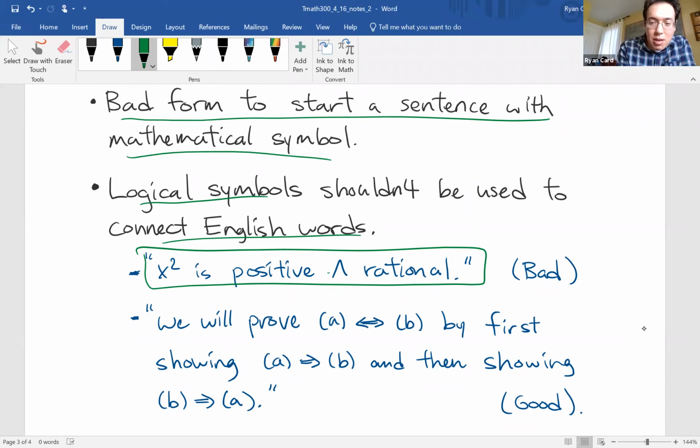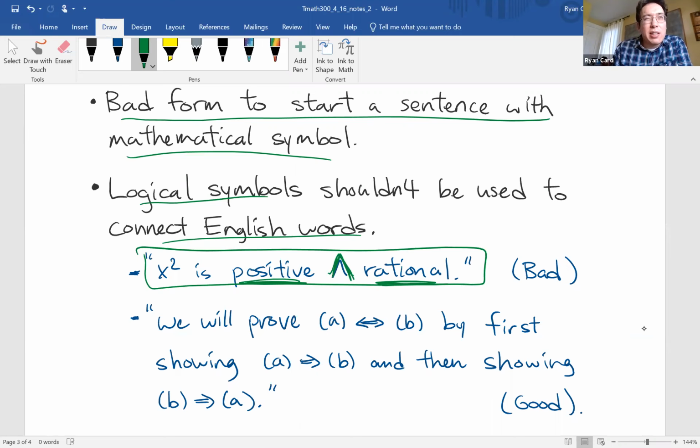Remember, logical and looks like that wedge symbol. So if you want to write down "x squared is positive and rational," you should use the English word and to connect the two English words positive and rational. Okay, so this is a bad example of using logical symbols to connect.